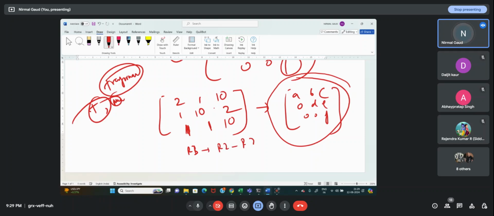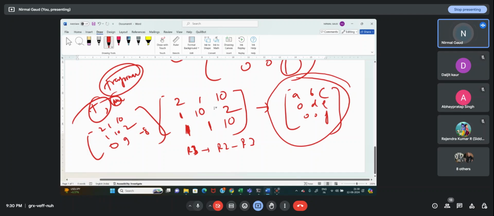So row 3 equals row 2 minus row 3. This will become 0, because 1 minus 1 is 0. So your answer will be 2 1 10, 1 10 2, 0, then 10 minus 1 is 9, and 2 minus 10 is minus 8.